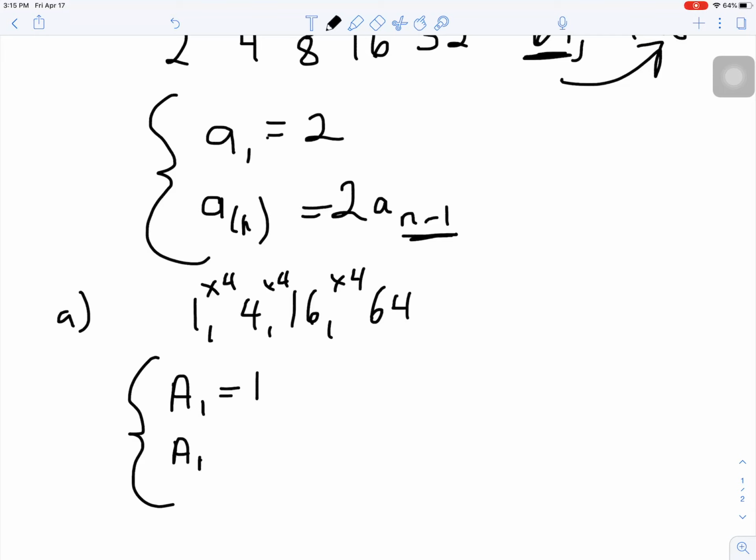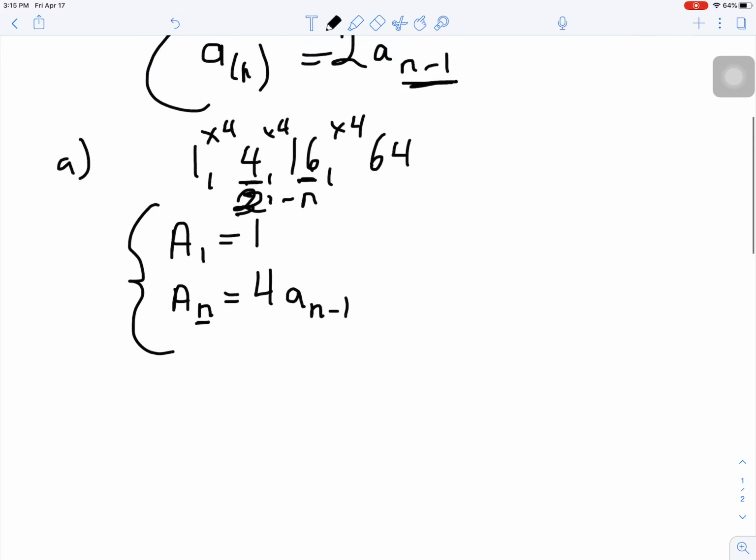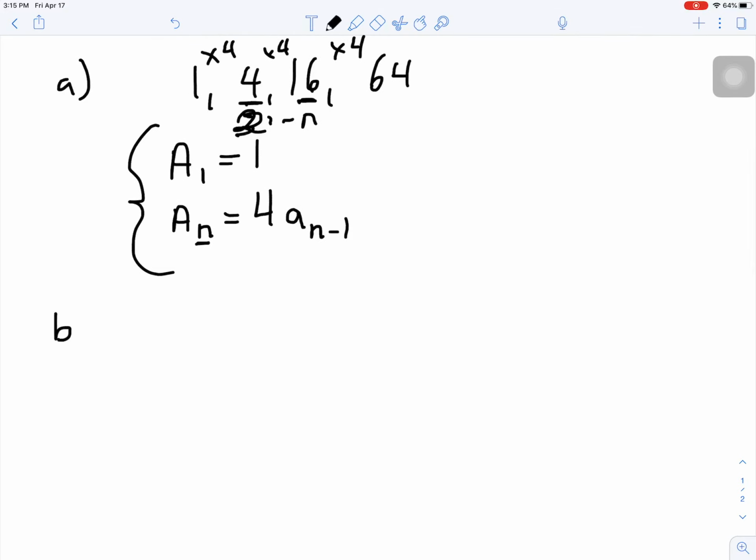What are we doing to it to find any other number from there? Well, we're multiplying it by 4, right? So 4 times A, and then of course we put our n minus 1 because it's the term before it. We're grabbing this term to get to that term. So in order to get to this one, which is n, we do n minus 1.